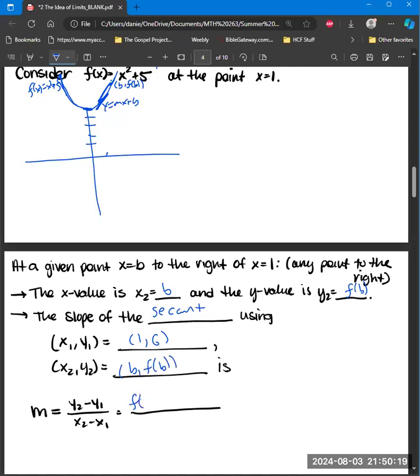It's going to be f of b minus f of 1 over b minus 1. And so f of b is going to be b squared plus 5 minus 6 over b minus 1, which is b squared minus 1 over b minus 1.